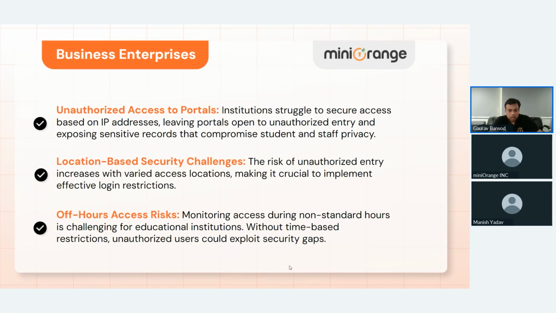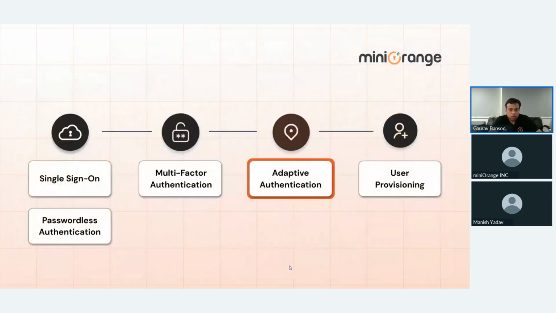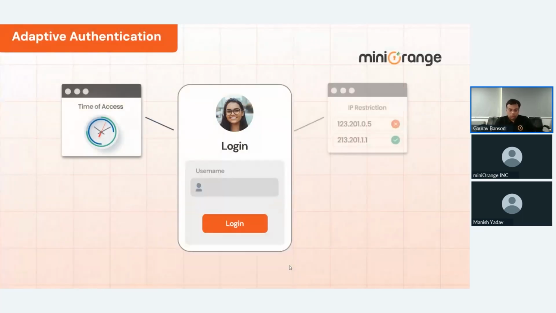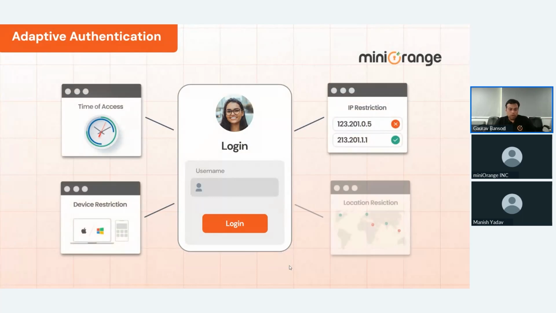As mentioned, there are location-based security challenges. If any organization wants to allow users to use specific servers or resources only in a stipulated time, then how do you restrict that? All these point to a tool called adaptive authentication, also called risk-based authentication, where the employer can restrict employees not only based on the user credential, but also with time, IP, location, and device.